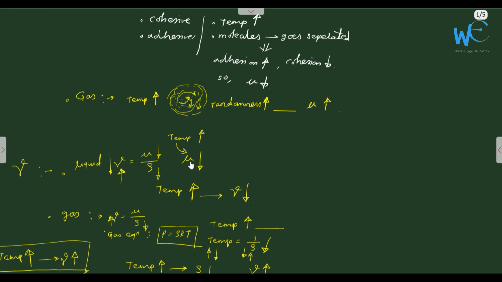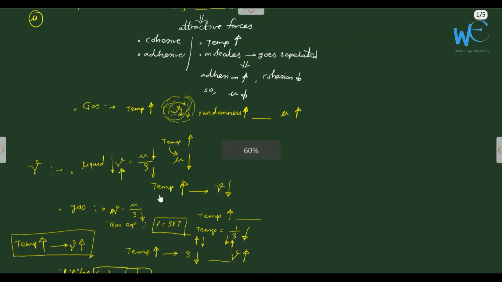If I raise the temperature, dynamic viscosity decreases, so obviously kinematic viscosity is going to decrease also. So if we raise the temperature, both kinematic and dynamic viscosities are going to decrease.